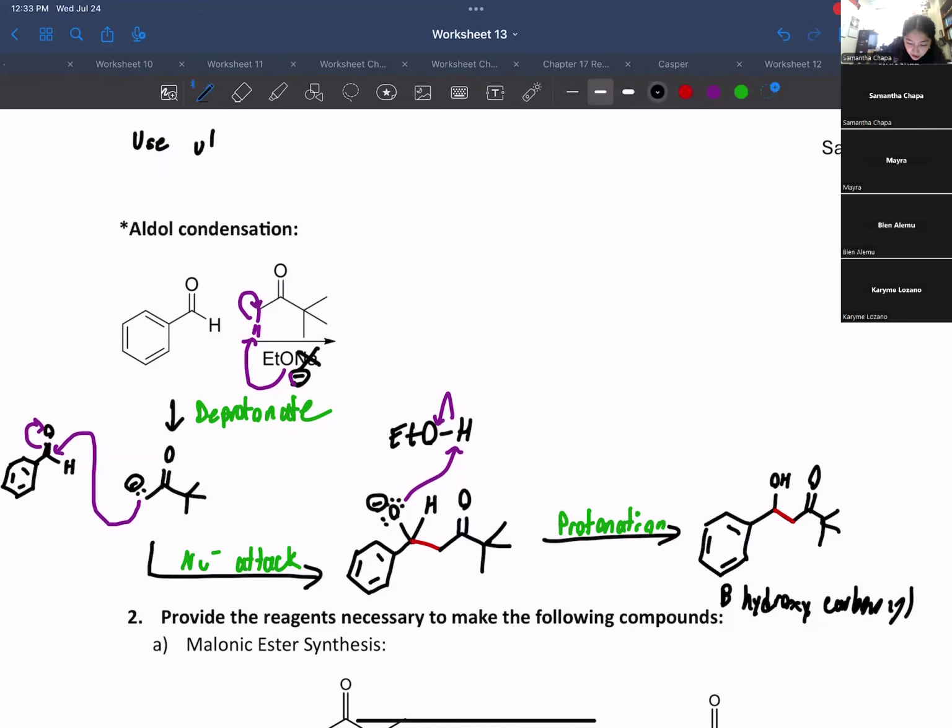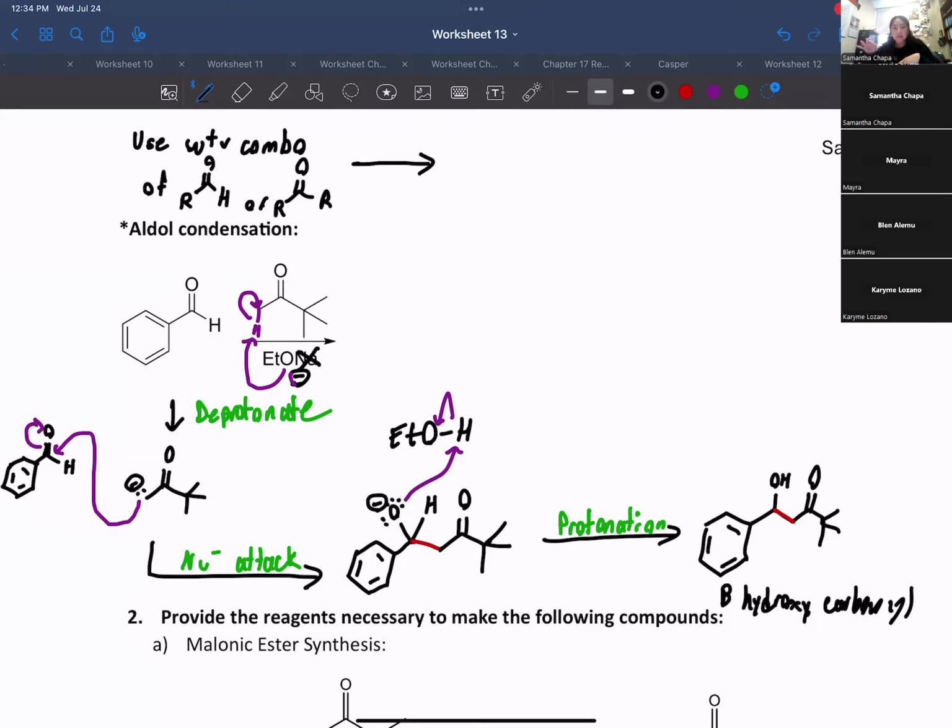You can use whatever combination of aldehyde or ketone. You can use an aldehyde with an aldehyde, a ketone with a ketone, or an aldehyde with a ketone. Nonetheless, those are the reagents that you need for the aldol condensation.